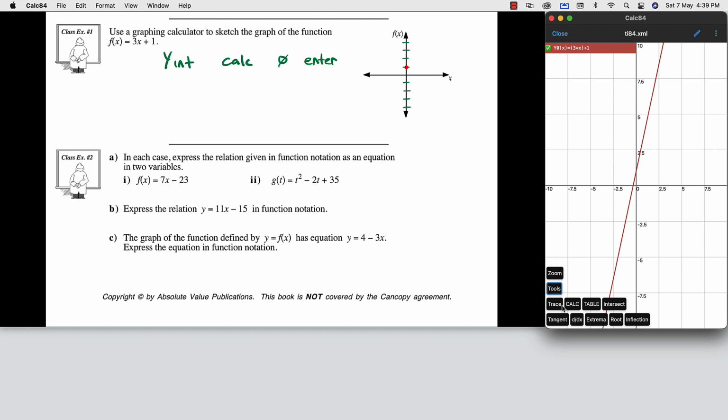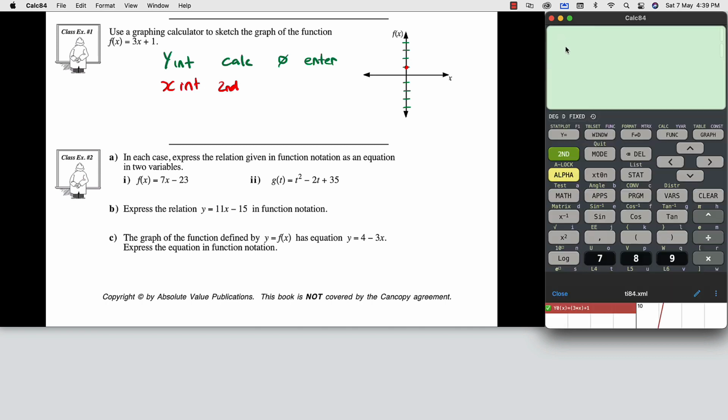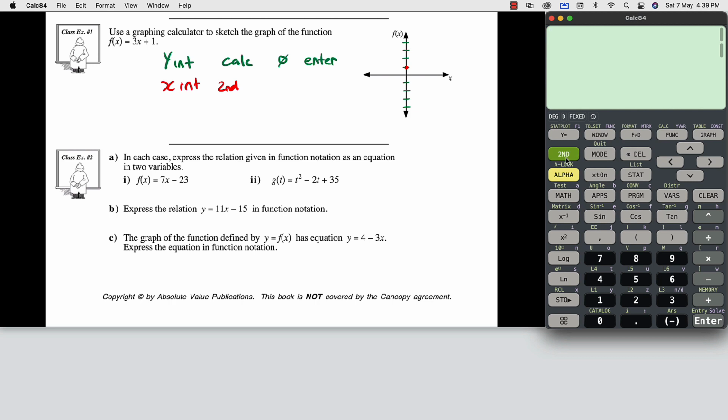So on our TI-84 calculator, to calculate the x-intercept, you're going to press the second button, and then let's go back to the calculator here and see if we have that. It's a little bit different here on the graph.